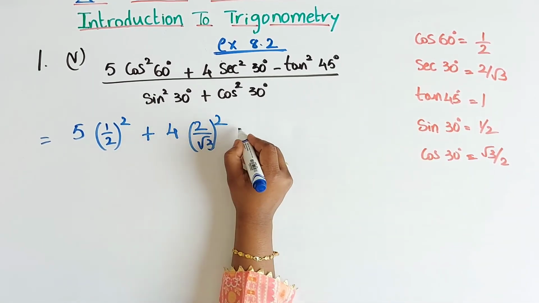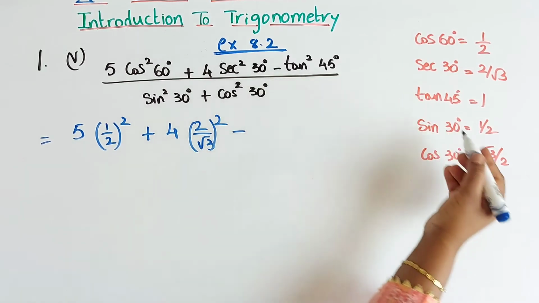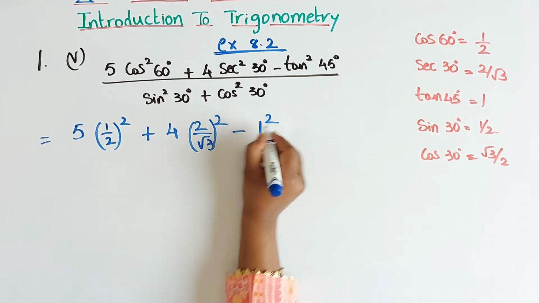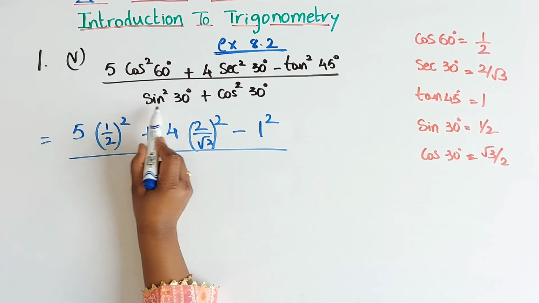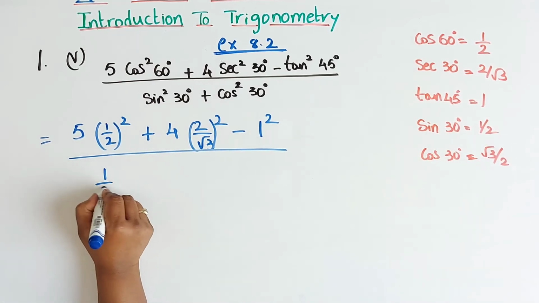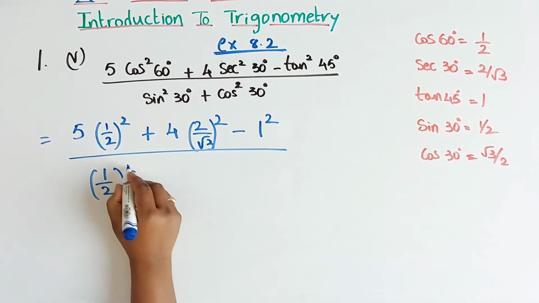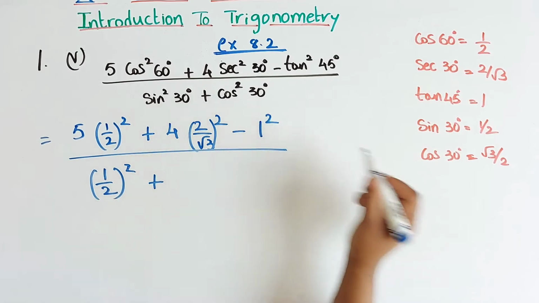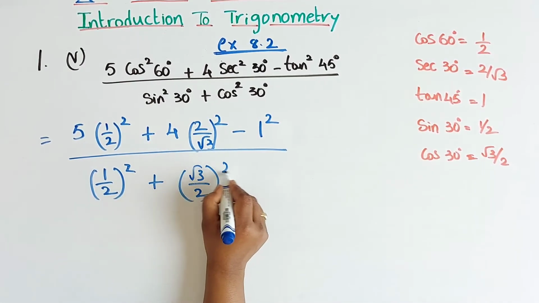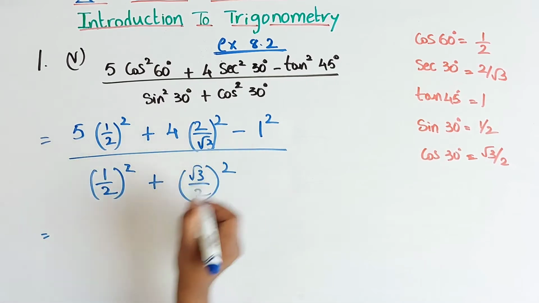Square means here also square. And tan square 45. Tan 45 is 1 square. Divided by sin square 30. Sin 30 is 1 by 2, children. Square means 1 by 2 whole square. Plus cos square 30. Cos 30 is root 3 by 2 square. Correct? Now solve this one.